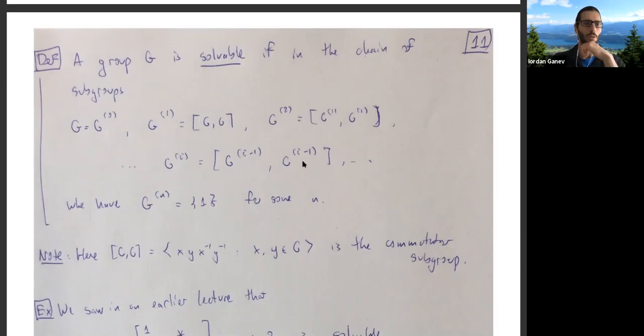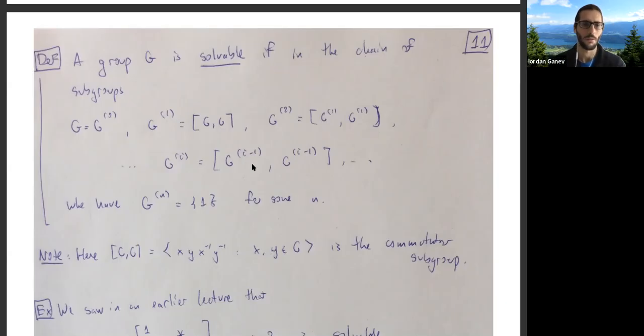Well, first we start out with the group itself, then we take the commutator subgroup, and then we take the commutator subgroup of the commutator subgroup, and then we iterate this process. So at every stage, we take the commutator subgroup of the previous stage. And if at some point we get the identity group, then we say that the group is solvable.